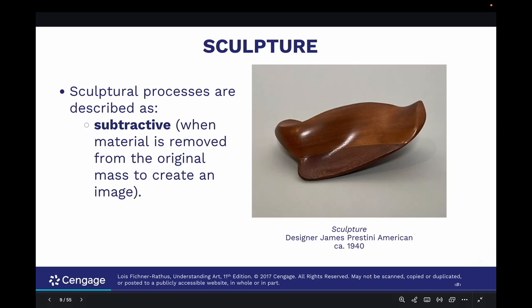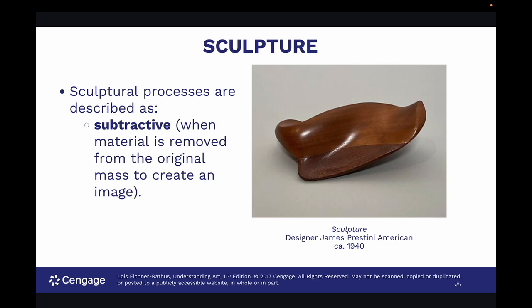Two other terms that we want to be able to use with sculpture are additive and subtractive. All sculptural processes are one or the other, sometimes both. Subtractive is when the material is removed from the original mass to create an image.